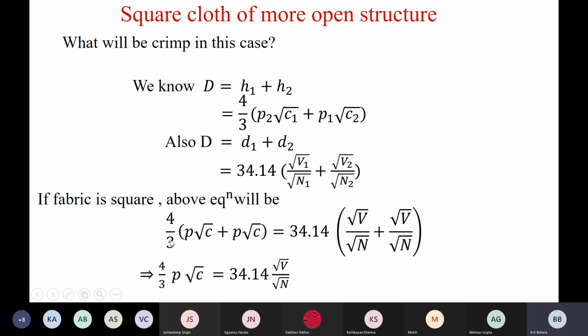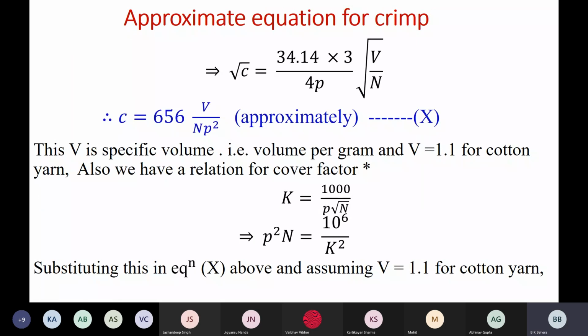So D1 plus D2 becomes 4 upon 3 taken common, P root C, and here also the expression for diameter becomes this. When you equate this, 2 cancels out, 4 upon 3 P root C becomes 34.14 root V upon root N. And I'm shifting to the next slide, from that root C becomes this much.